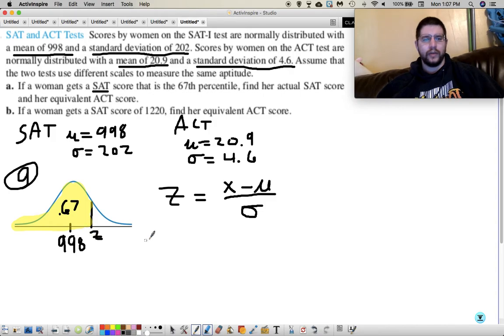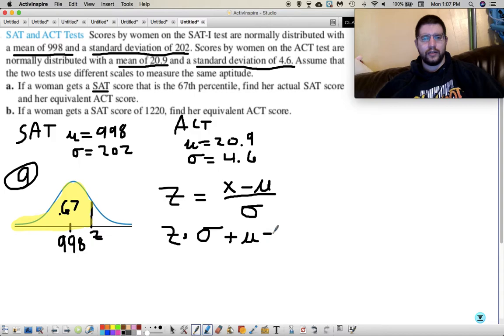We actually don't know her X, so we need to find the X. So we're going to rearrange this equation, do a little bit of basic algebra to find X. So that's going to be the corresponding Z-score times sigma, multiply both sides by your denominator, add the mean. Okay, if we do that, that'll give us what X is.